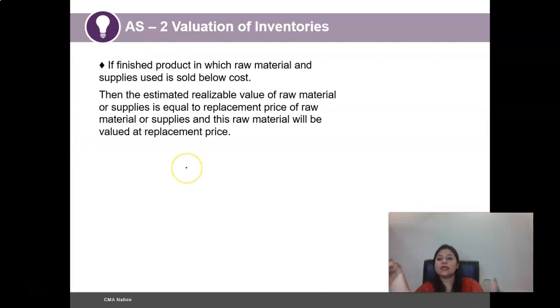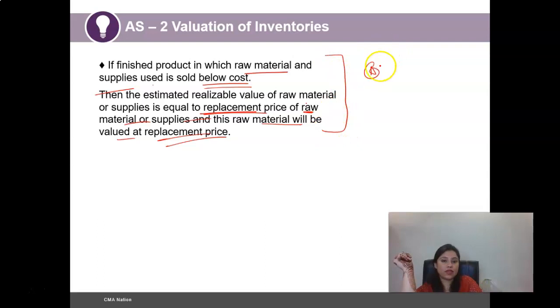And in case the finished product in which raw material and supplies used are sold below the cost, so in that case what will happen is the estimated realizable value of the raw material or supply will be equal to the replacement price of raw material or supply, and this raw material will be valued at replacement price. So these points, although if they are not clear now, I would recommend you to revise the entire accounting standard and then start solving the illustrations.